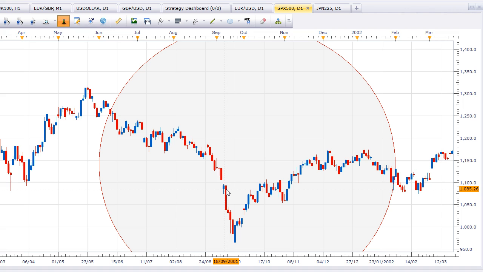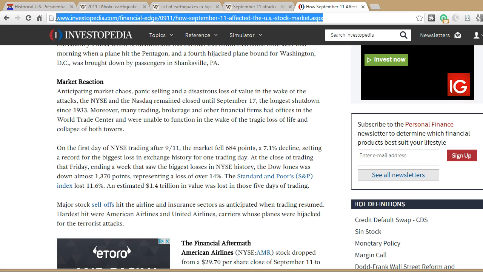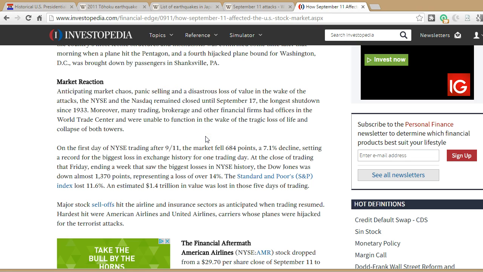And we can certainly go into more detail. If you go to Investopedia, there is an article here which talks about how the 11th of September attacks inflicted some losses on the US markets, and it says that it was the longest shutdown since 1933.